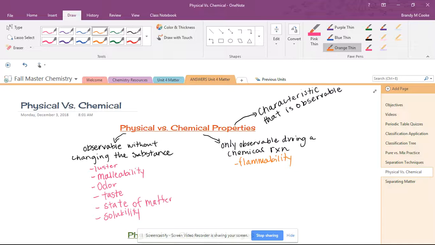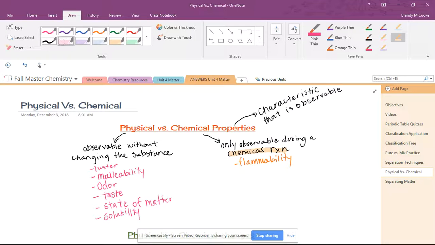But if I didn't have any life experience, I can't really look at it and know. The only way I would know that the wood is flammable is to light it on fire and see it go up in flames. So it's only observable during the chemical reaction.